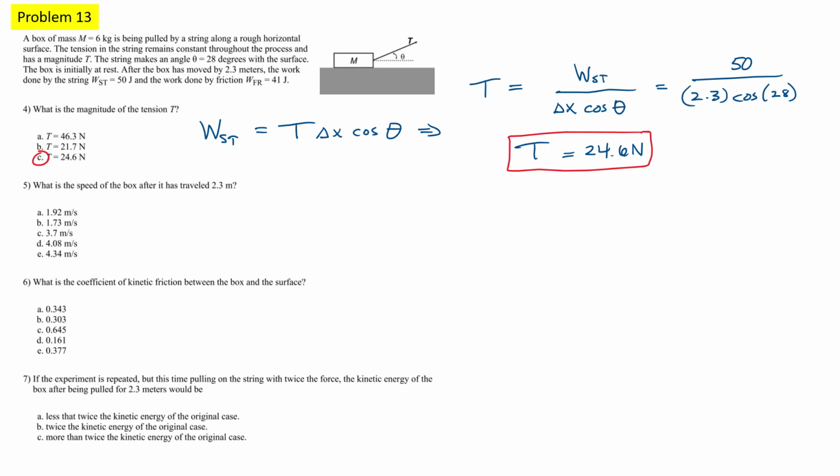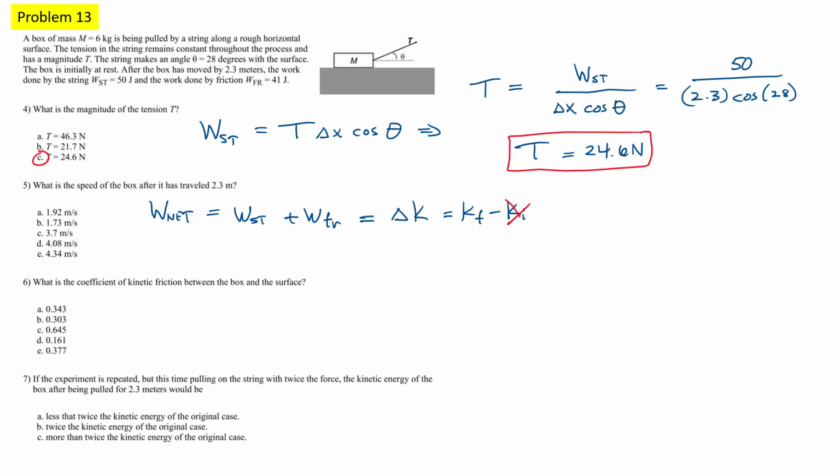The next says, what is the speed of the block after it's moved this distance? Well, in order to find that, we're going to use the work energy theorem. It says that the net work, and the only things doing work here are the string and friction, must be equal to the change in kinetic energy, which is always a final value minus an initial value.